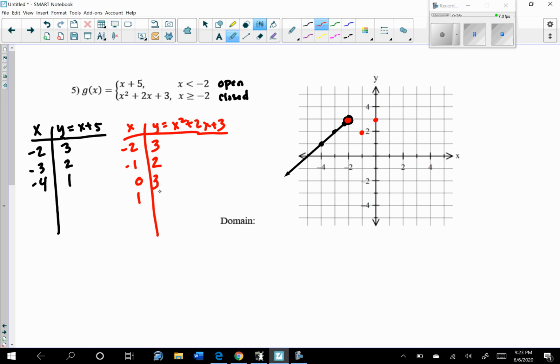And then if I plug in 1 squared plus 2 times 1 plus 3 gives me 6. So 6 would be up here. And again, you can see that this is the vertex, just part of my parabola. And the domain of this is also all real numbers, negative infinity to infinity. And so that gives us our last piecewise defined graph.